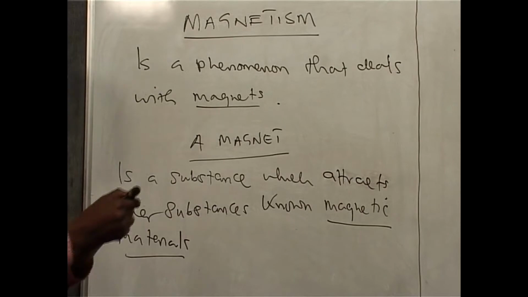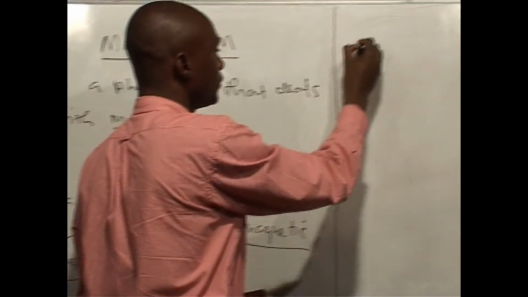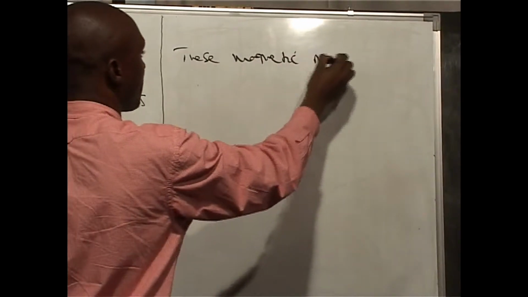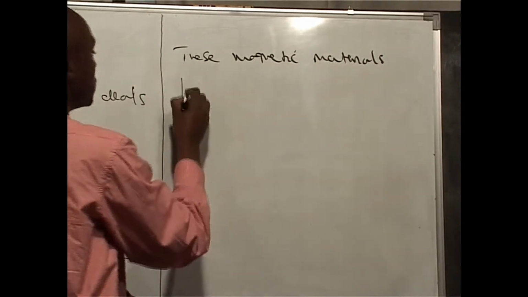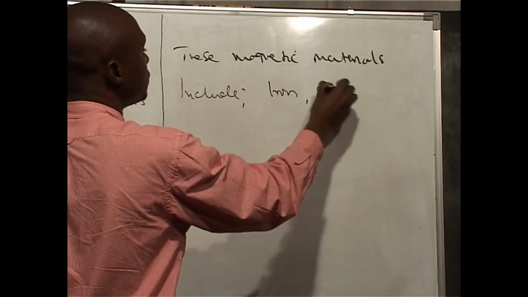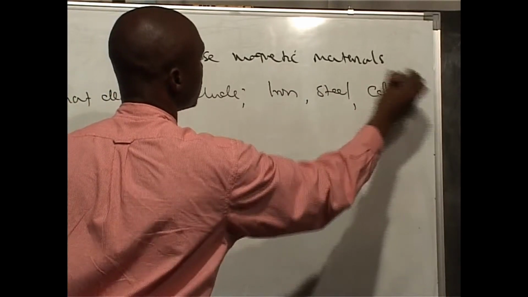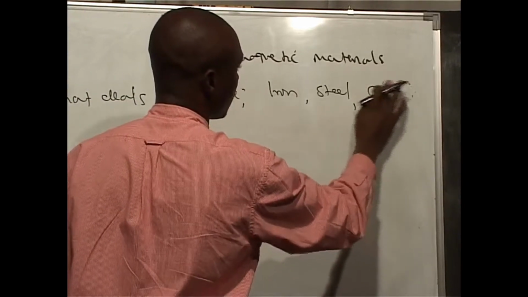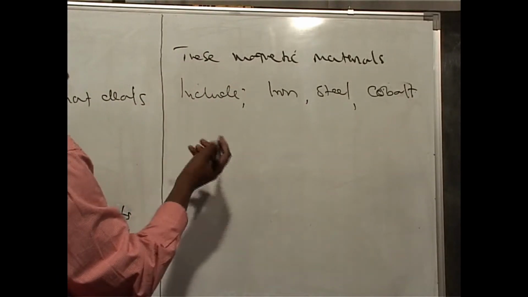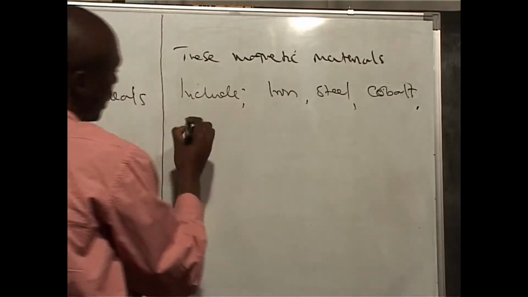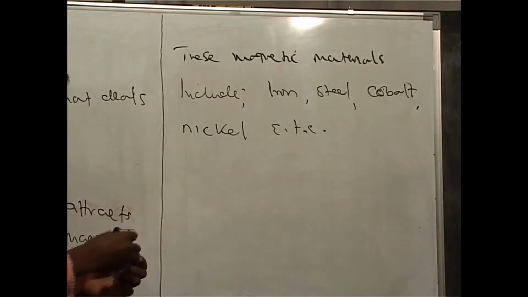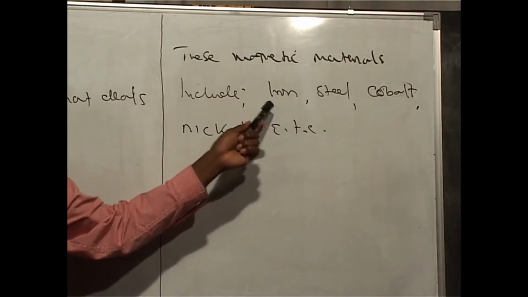Now, these magnetic materials include iron, steel, cobalt, and nickel, etc. These are the materials that are easily attracted by a magnet.